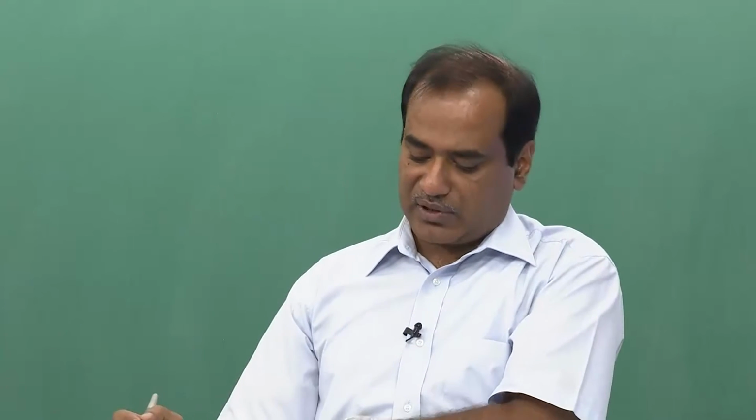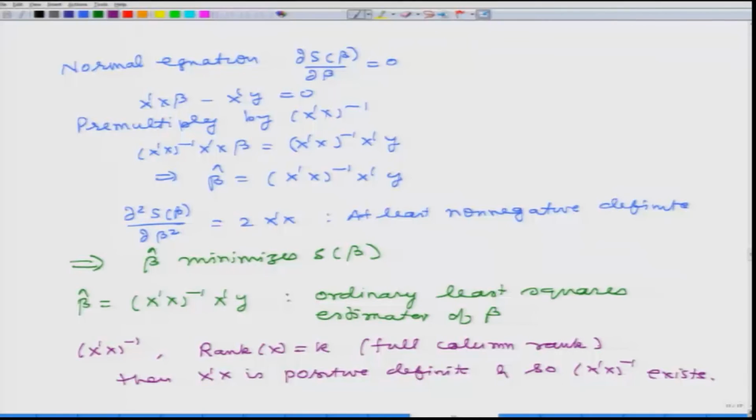So, now what you have to always keep in mind is this result, the ordinary least square estimator of beta. And remember one thing, here beta hat is not a scalar, beta hat is a vector. If you try to see here, I can write this beta hat as beta 1 hat, beta 2 hat, up to beta k hat.